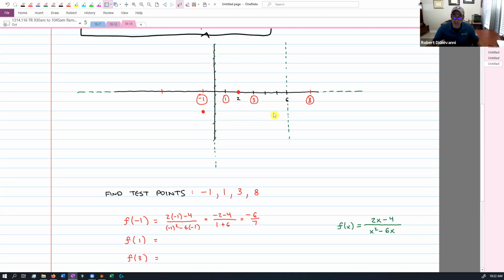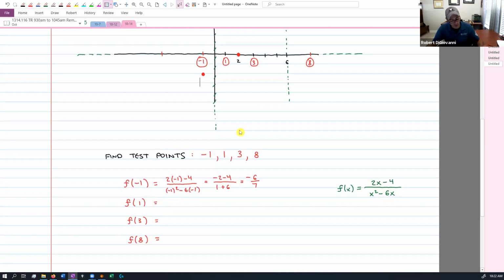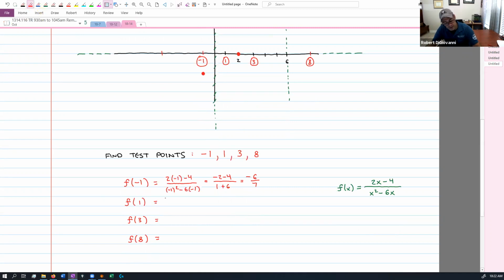Now we need to do the same thing for each of these. So let's plug 1 in. This is tedious, right? Okay, 2 minus 4, it's -2 on top. On the bottom, you get 1, take away 6.